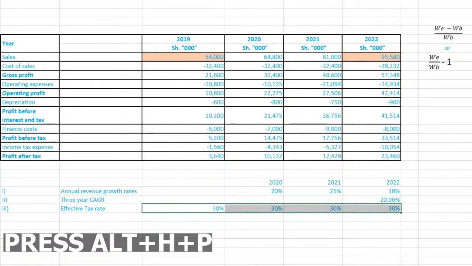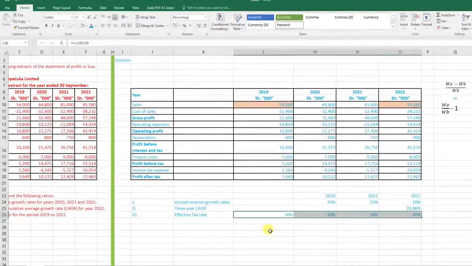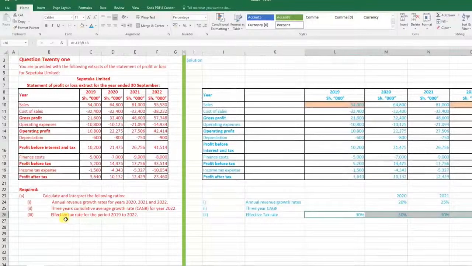P gives us 30% like that. So once we have dragged the formula, you can see the effective tax rate is 30% all through from 2019 to 2022. This answers the third part of the question, which was asking us to compute the effective tax rate for that period 2019 to 2022.